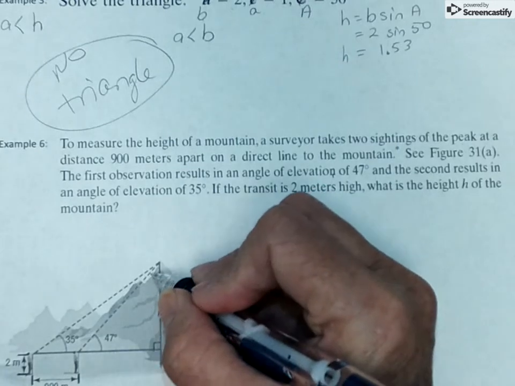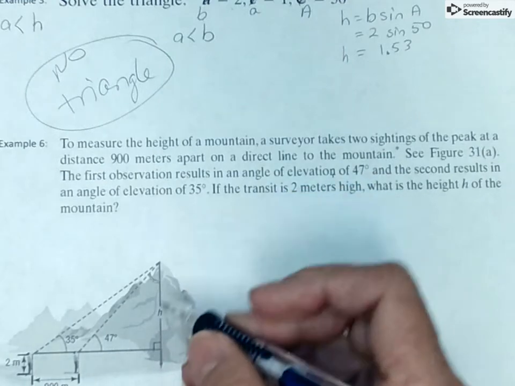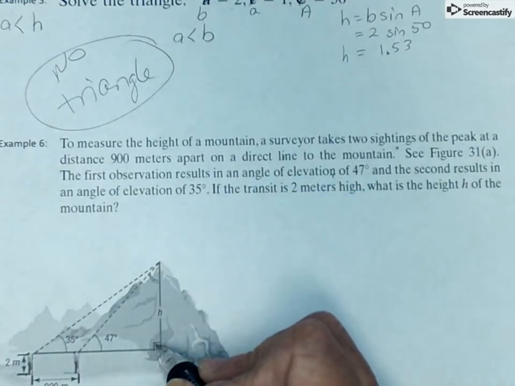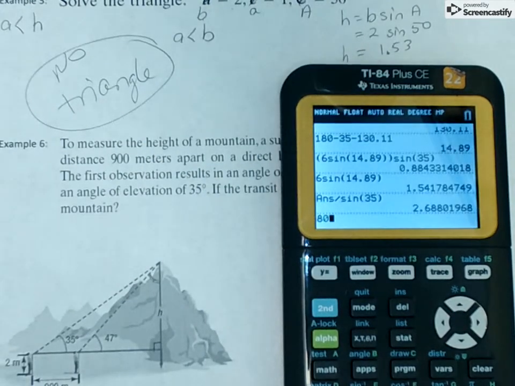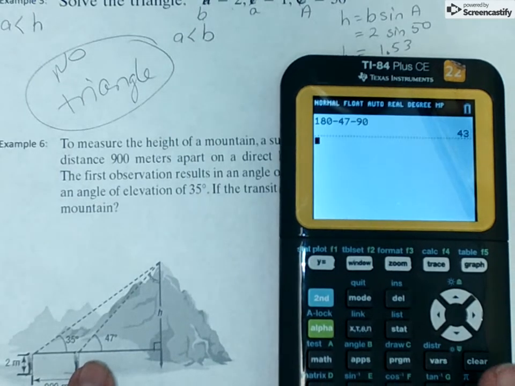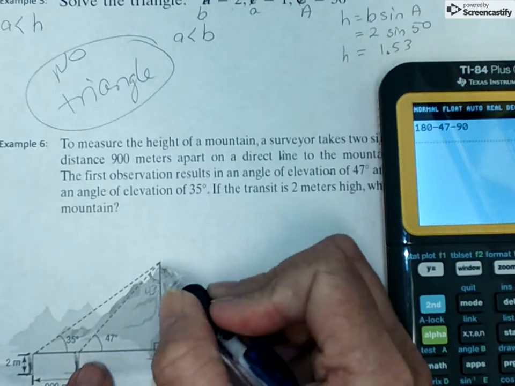Okay, so let's try and figure out what we know. So this angle right here, this angle plus 47 plus 90 have to equal 180. So if I took 180 minus 47 minus 90, this angle right here is 43 degrees.